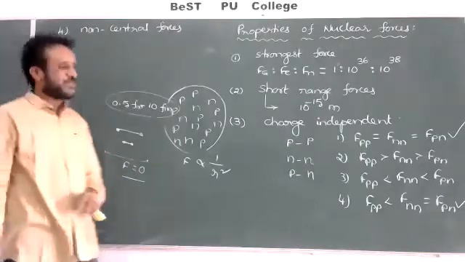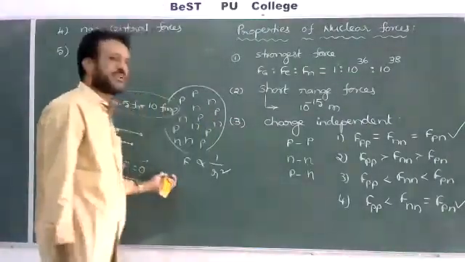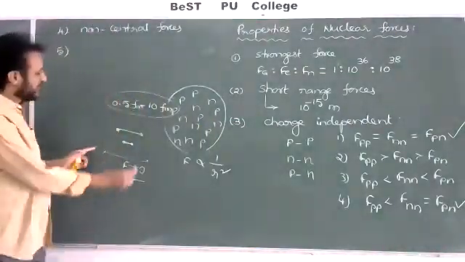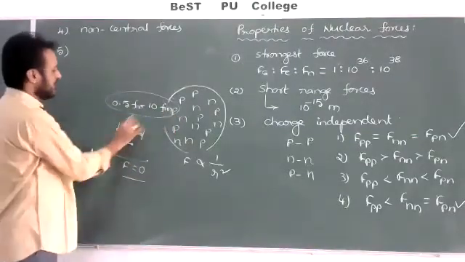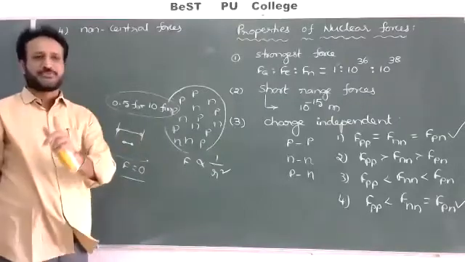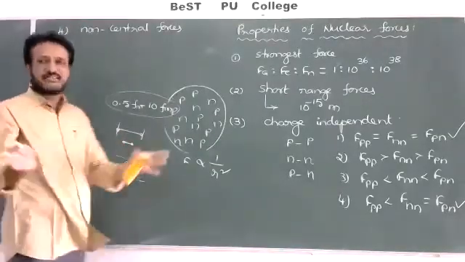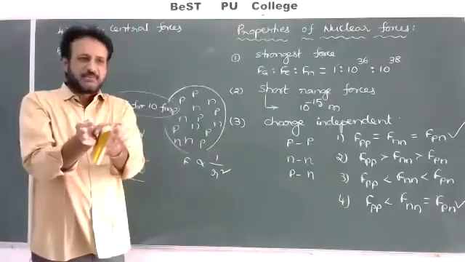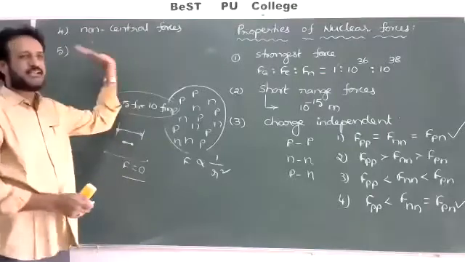Understand? So if you take the two nucleons outside the nucleus, there will be no nuclear force. Between 0.5 and 10 Fermi, the nuclear forces are attractive. When the two nucleons are very close, less than 0.8 or 0.5 Fermi, both will be repelled. So that's why they do not obey the inverse square law.